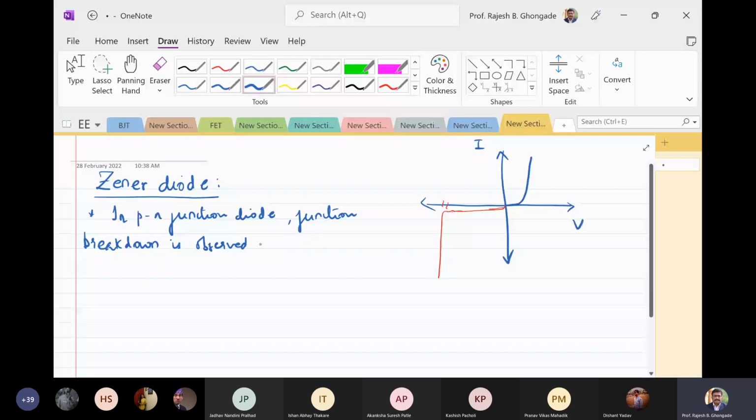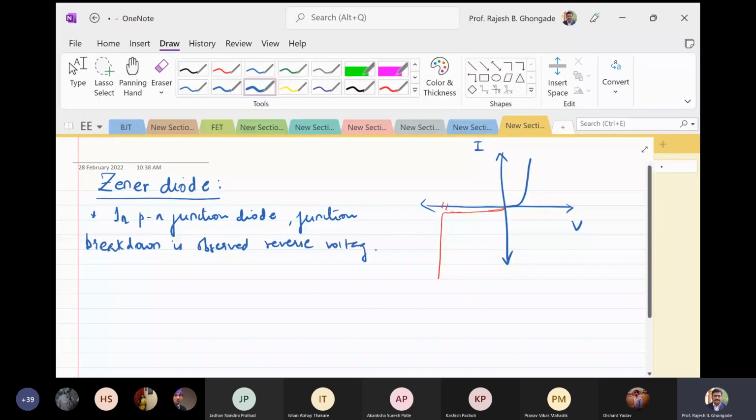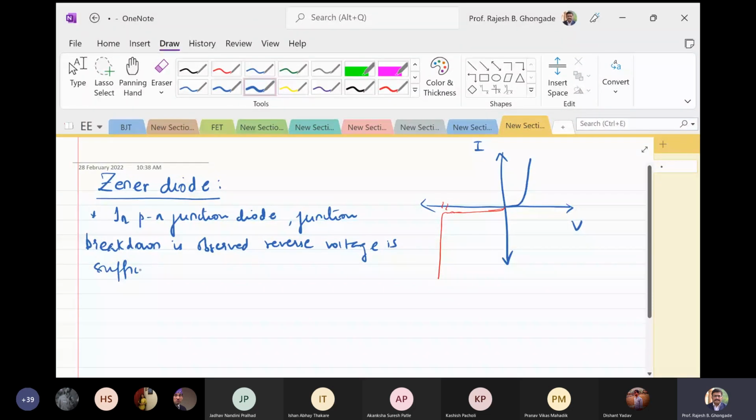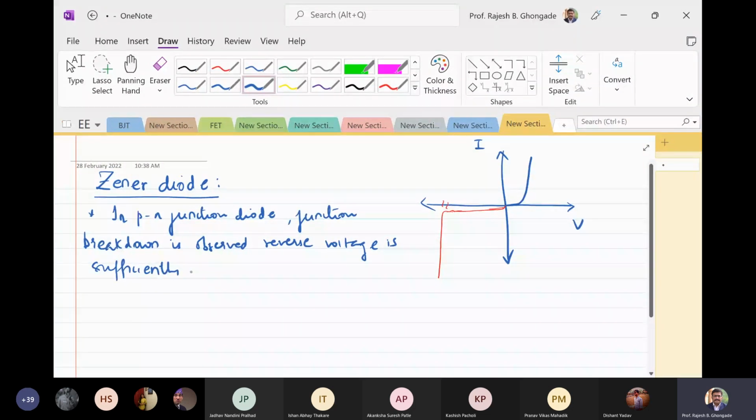Breakdown is observed when the reverse voltage is sufficiently large. We have seen the mechanism of why it happens.